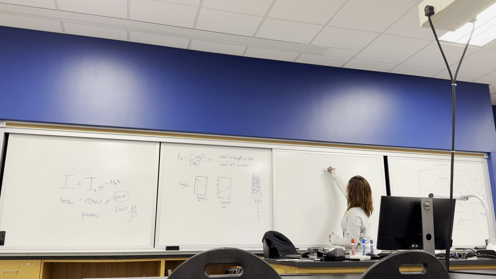So neutron cross-sections are given like this. You have your cross-section given in barns, and then you get your energy in MeV for your neutron.